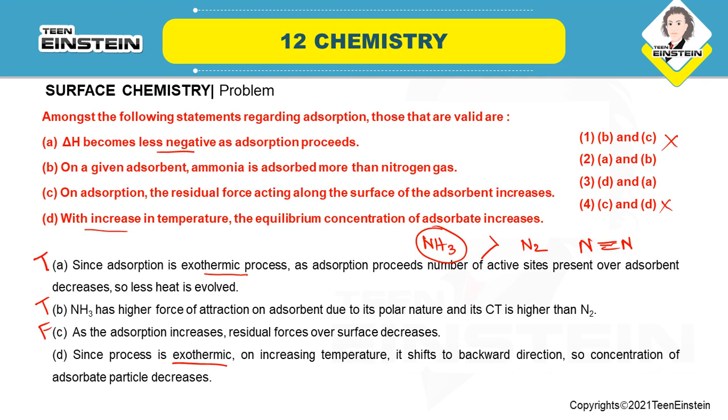But in general, as a whole, adsorption is exothermic, so on increasing temperature the equilibrium will obviously be shifted towards the backward direction. So the concentration of adsorbed particles cannot increase, it will be decreasing. So it will be T, T, F and F, because the correct statements are written here.